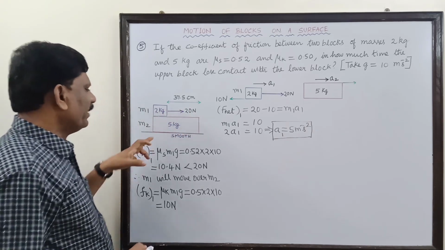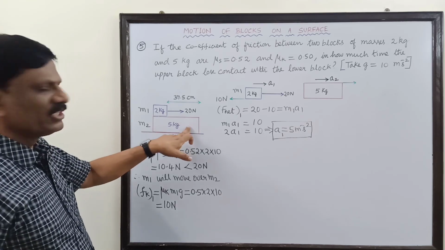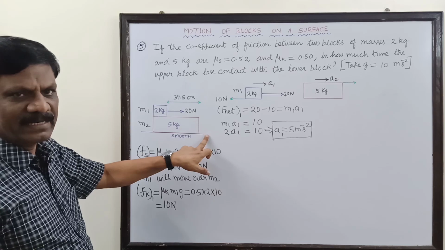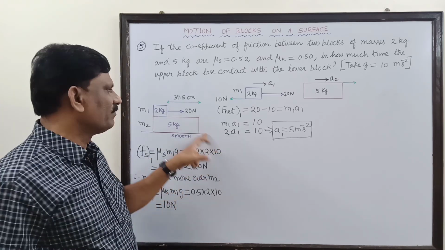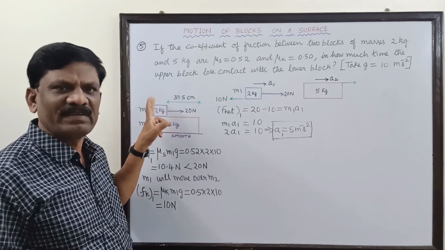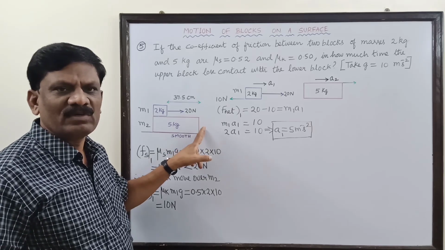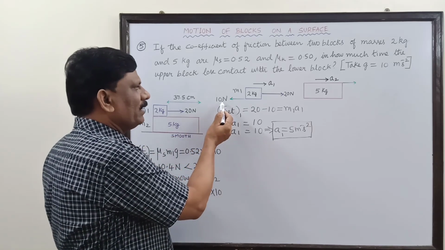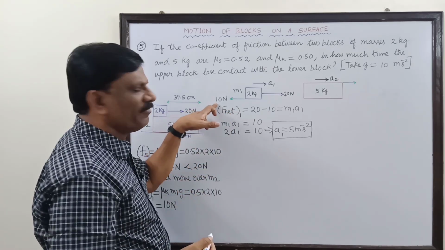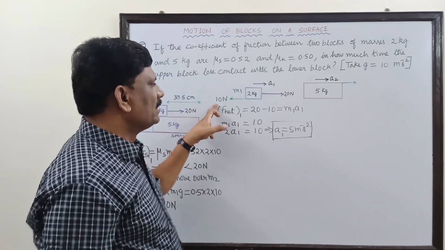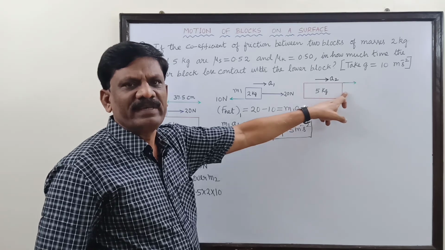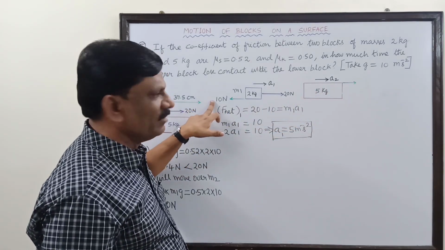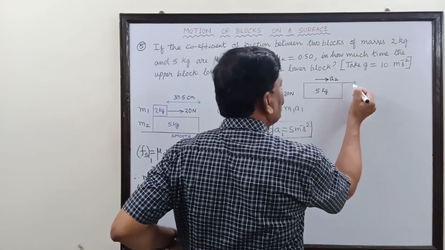Similarly, we will find the acceleration of the second mass. There is no direct force acting on the second mass, isn't it? The applied force of 20 Newton is acting only on the first mass. But this 10 Newton force of kinetic friction will be acting on the 5 kg mass as a reaction force. So for this action force of 10 Newton, there will be a reaction force acting on the second mass.